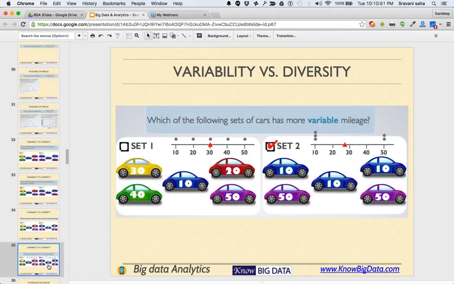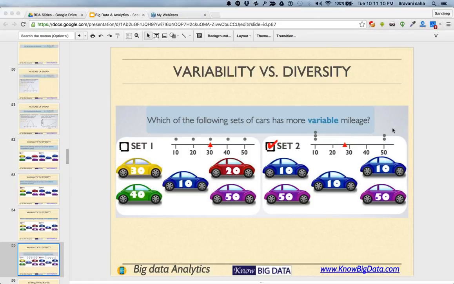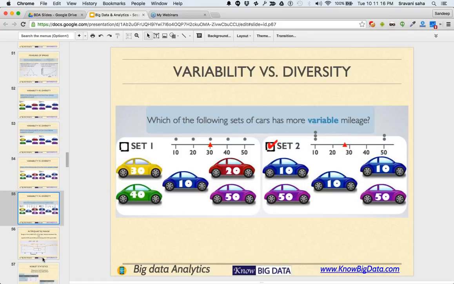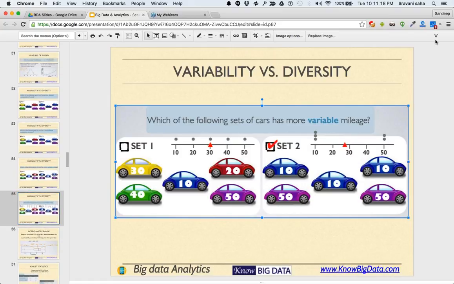That's why the second set is more variable. The data is far from the center, while in the first case some data is closer and some is far away. And this is what is represented by our standard deviation. Does this example make sense to you?